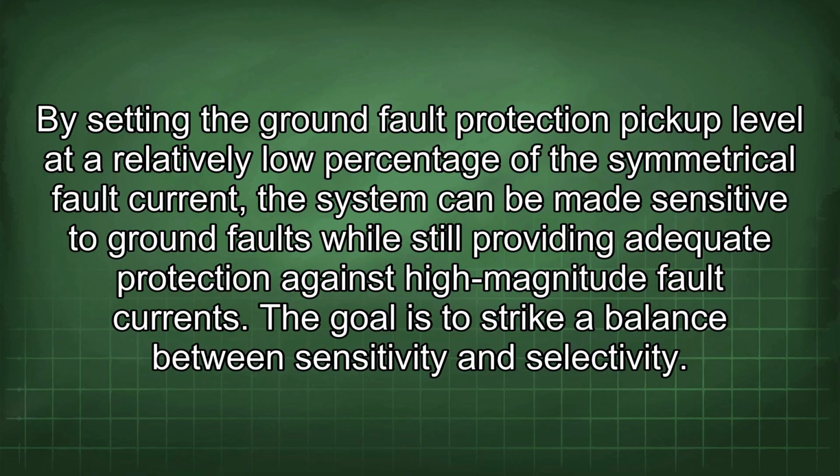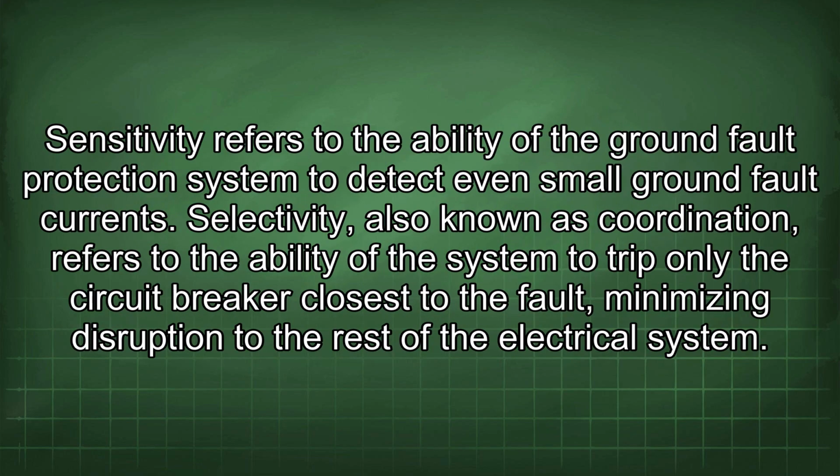The goal is to strike a balance between sensitivity and selectivity. Sensitivity refers to the ability of the ground fault protection system to detect even small ground fault currents. Selectivity, also known as coordination, refers to the ability of the system to trip only the circuit breaker closest to the fault, minimizing disruption to the rest of the electrical system.